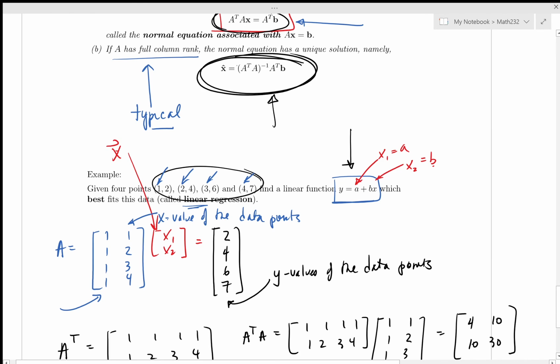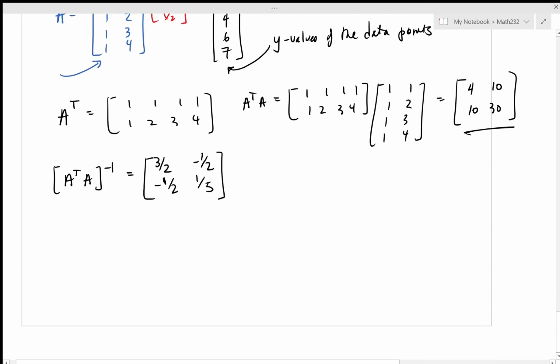Okay, so now I'm making this calculation here. I basically managed to calculate this. I know what that is, and I know what that is. So now I'm going to do the multiplication of these three things together. I'm computing x hat, our best fit, and that is A transpose A inverse times A transpose times B. I write those things out. I got A transpose A inverse, that is 3 halves, minus 1 half, minus 1 half, 1/5.